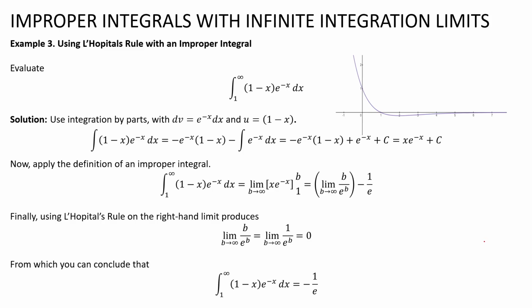If you get confused by the references you study, try to go very basic, or solve it step by step, so that you will know where the terms are coming from. Notice that this one is the derivative of b, over the derivative of e to the power of b. So that is L'Hopital's.